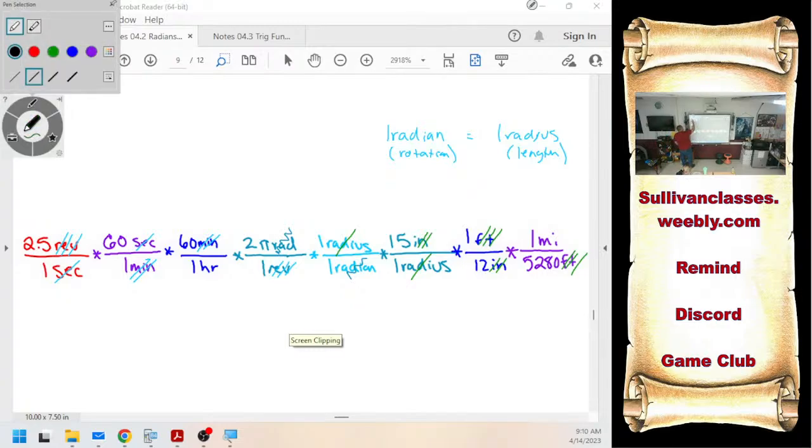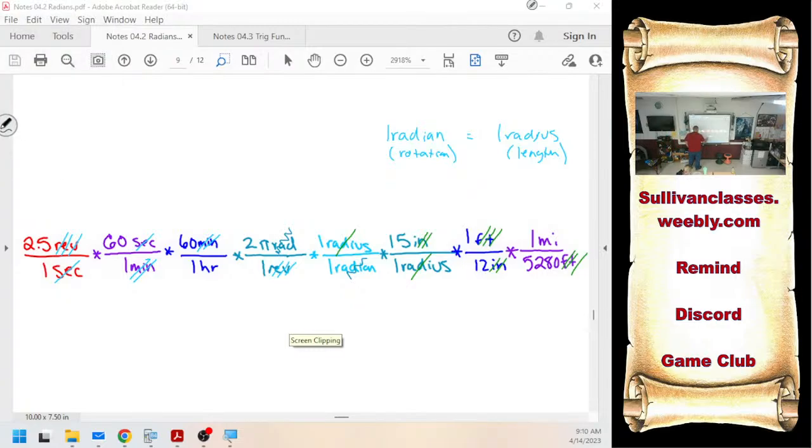So we now have x is 2.5 by 60 by 60 by 2 by 15 by pi. I'm leaving the pi at the end so I have the most accurate answer.